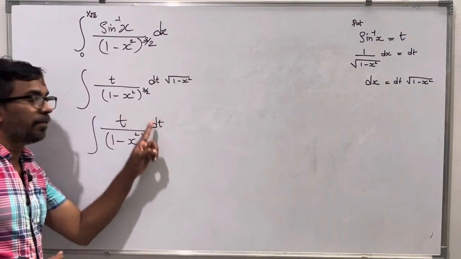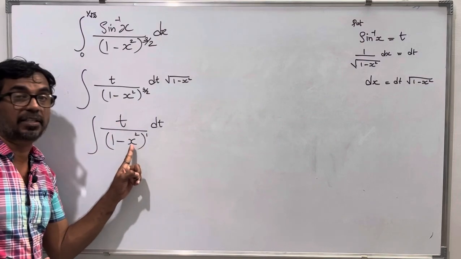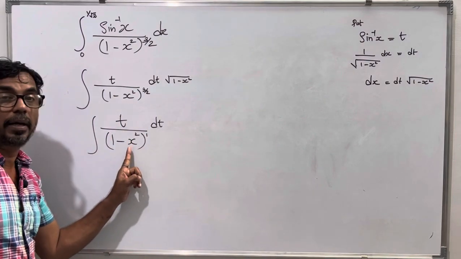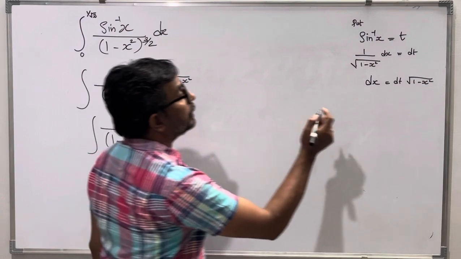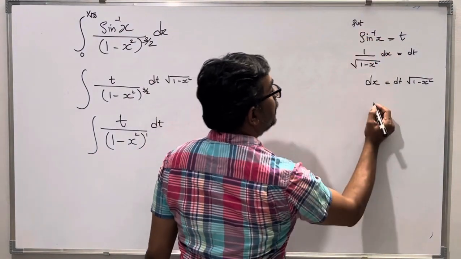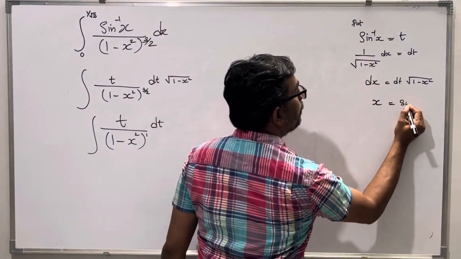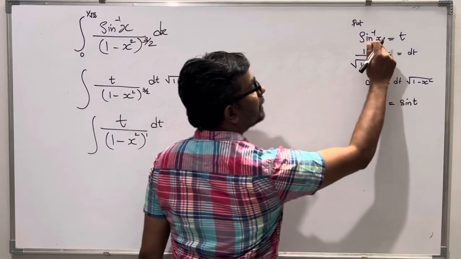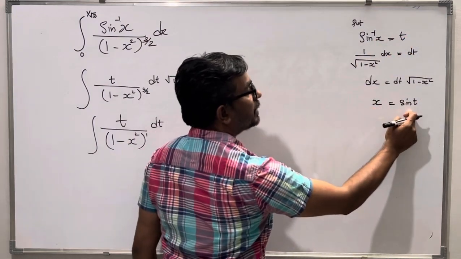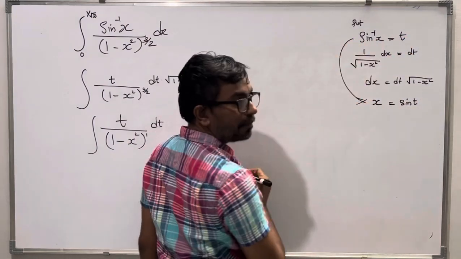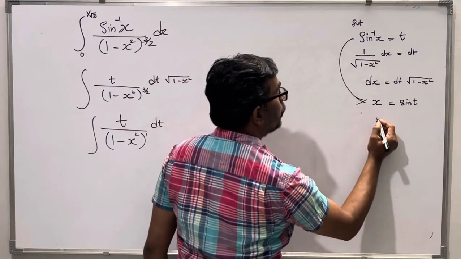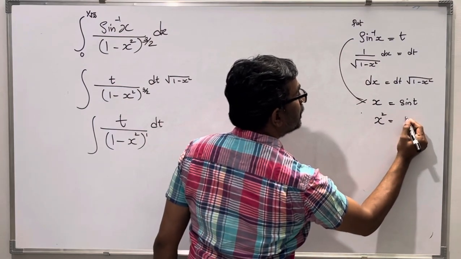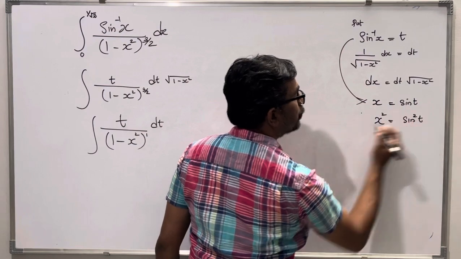Still it is in different variables. This is in t and this is x square. So how are we going to do a replacement here? From here I can write x is equal to sine t. Right, sine inverse x equal to t means x equal to sine t. And so x square will be sine square t, when you square on both sides.